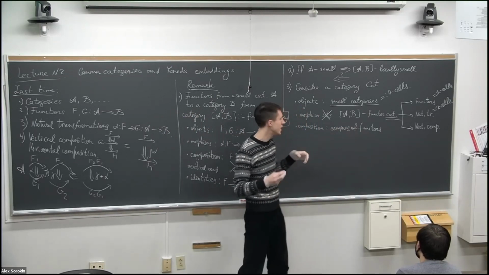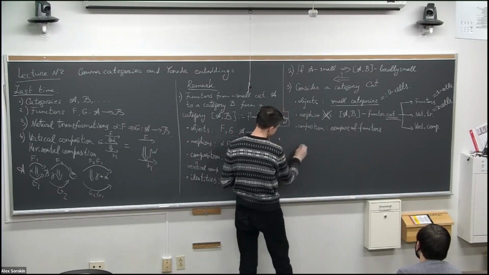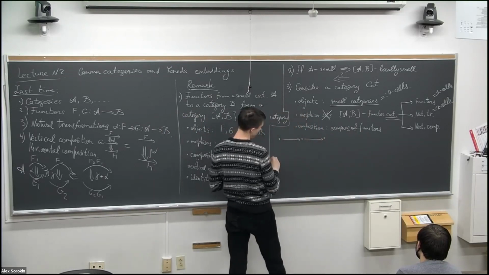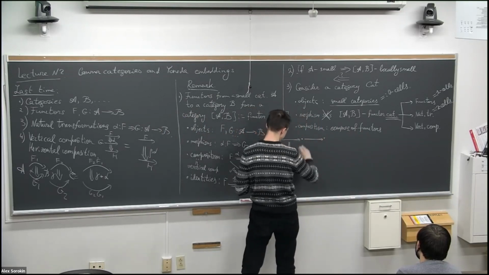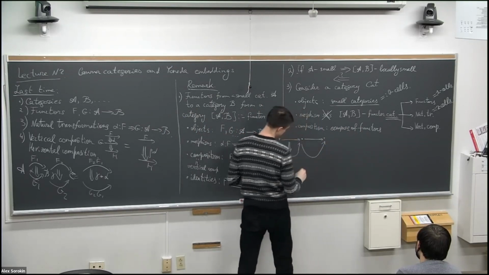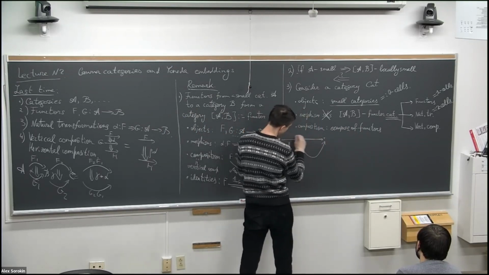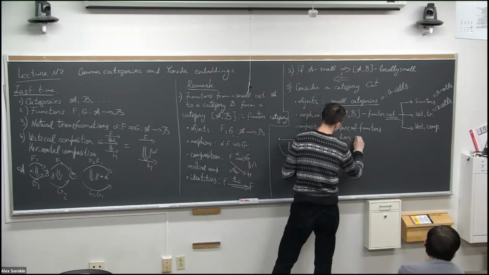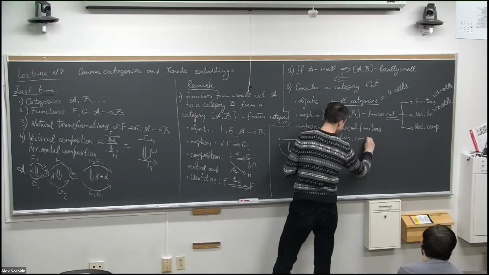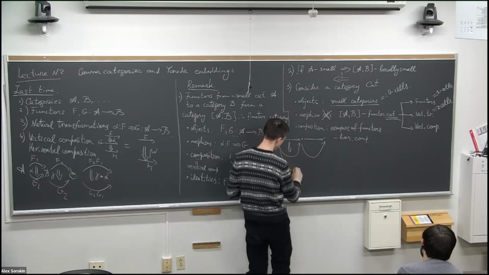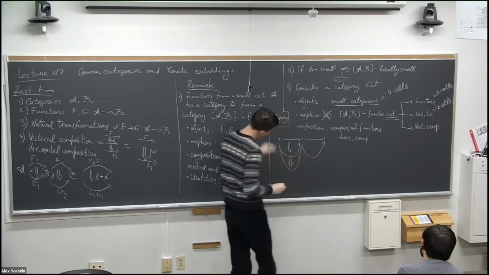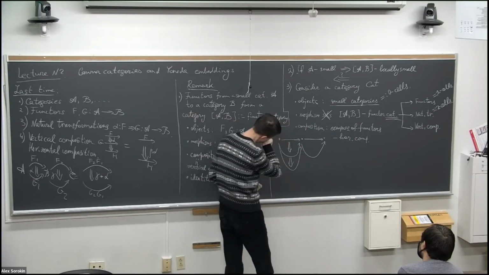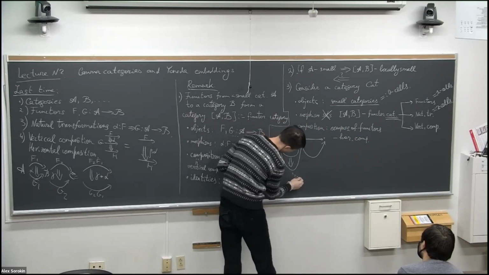So in our category we have 0 cells, and we have 2 cells. We can compose 1 cells using horizontal composition, but we can compose 2 cells using the vertical composition.